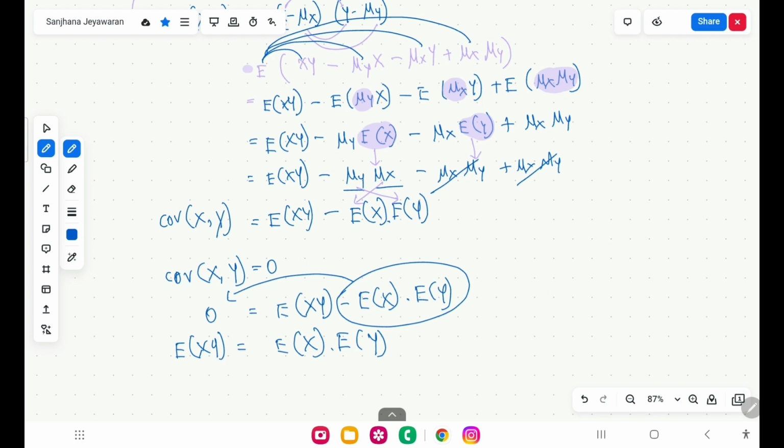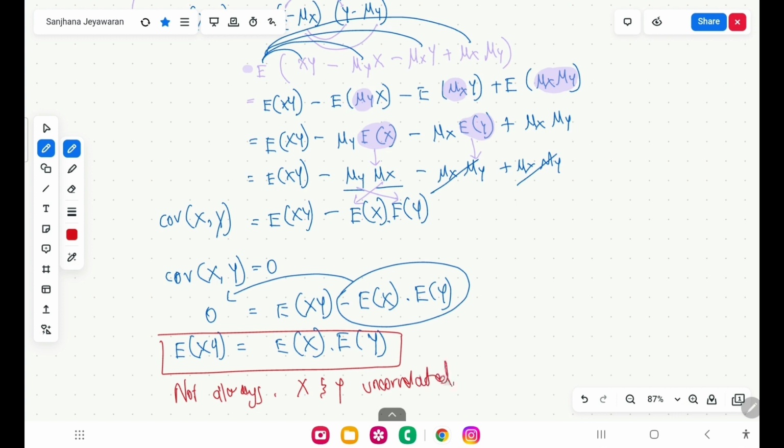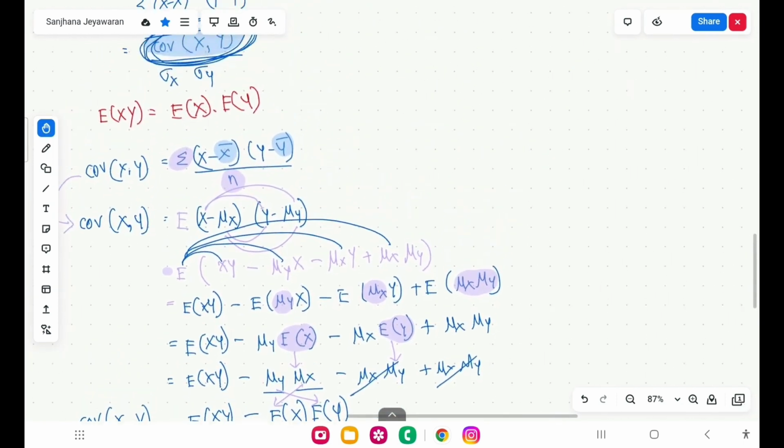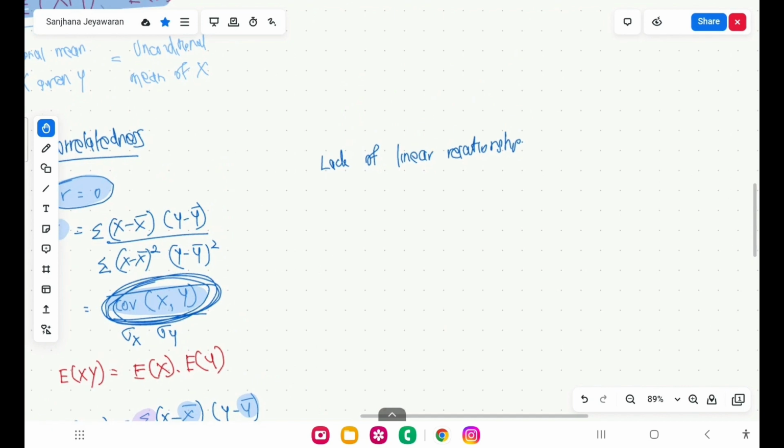Okay, so this condition over here doesn't happen always, not always, guys. Okay, this is only true when x and y are uncorrelated, only true when they are uncorrelated. All right, so what we mean by uncorrelatedness, you all have to remember, it refers to lack of linear relationships.